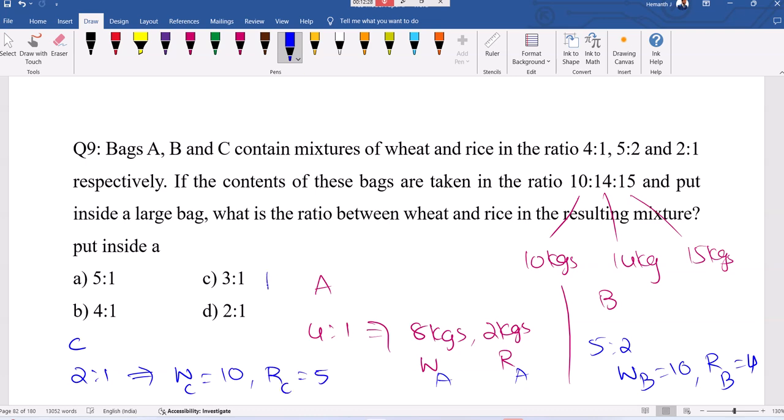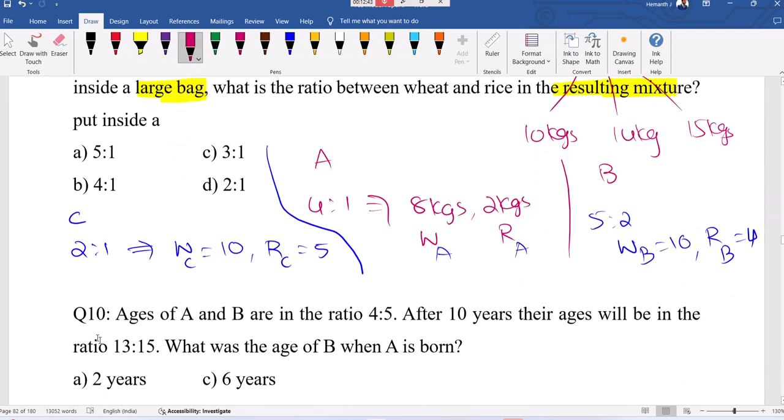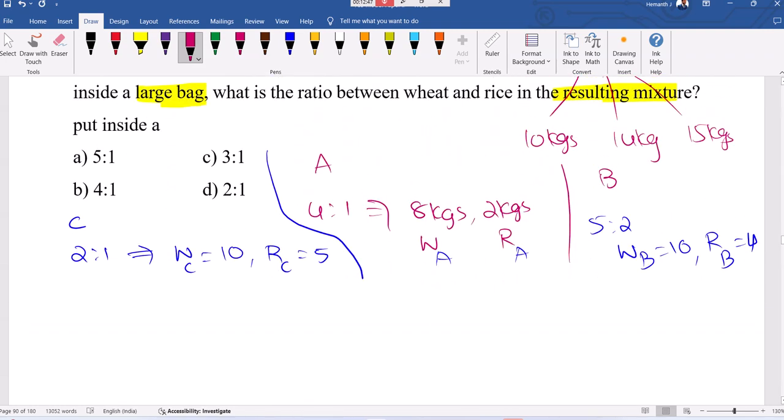Now, all of this should be kept in one bag. They are mixing all this into a large bag. They took wheat and rice from all three bags and put them in the large bag. When you put all three into a large bag, definitely only wheat and rice are available. So what is wheat?